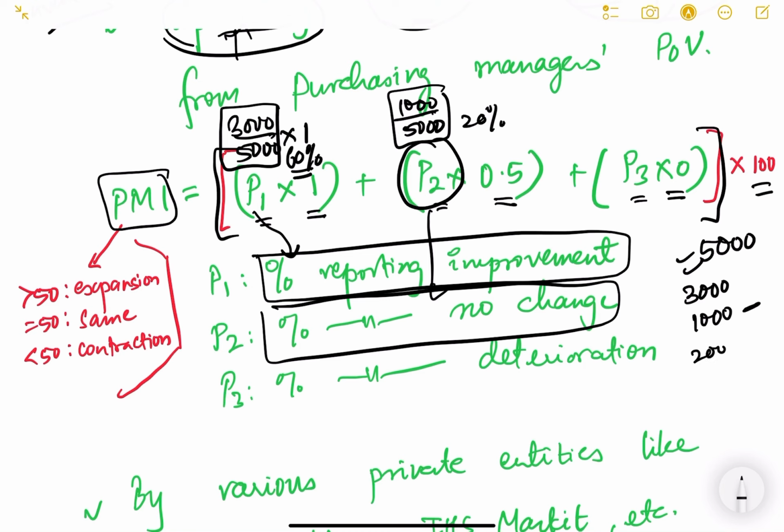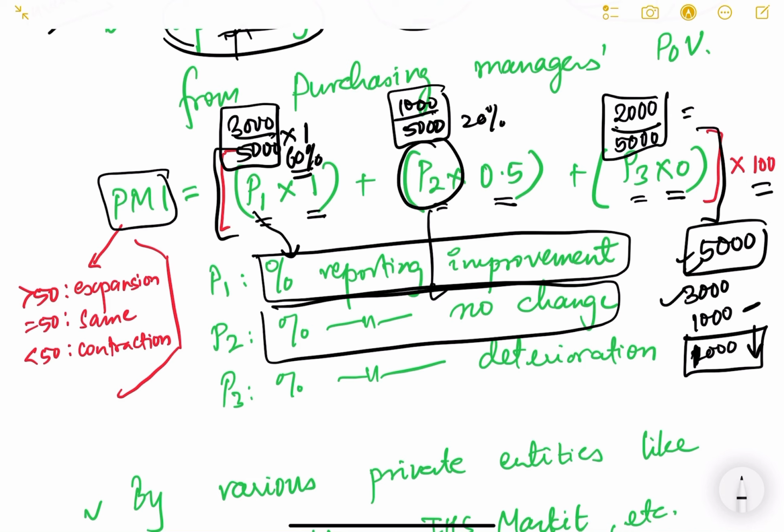And the remaining are saying that they are expecting it to go down, that it is reducing. Sorry, this will be 1,000 because we have 5,000 in total: 3,000 saying improvement, 1,000 saying no increase, no decrease, and the remaining 1,000 saying that it is going down. So 1,000 is another 20%.